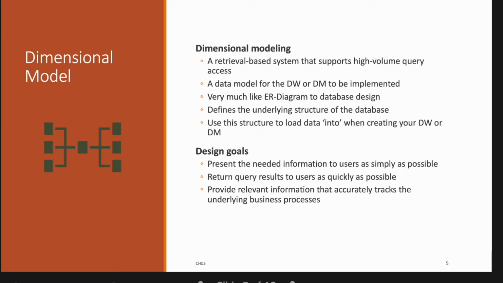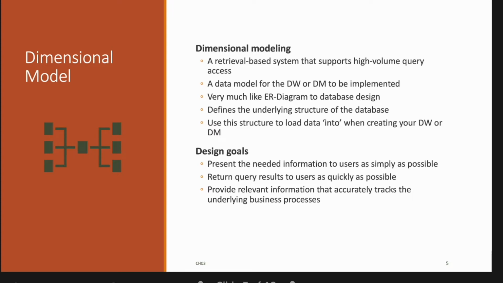The dimensional model is a system that tries to support high volume query access. We also learned the relational model, right? Like how to normalize. That type of table tries to support high volume storage.